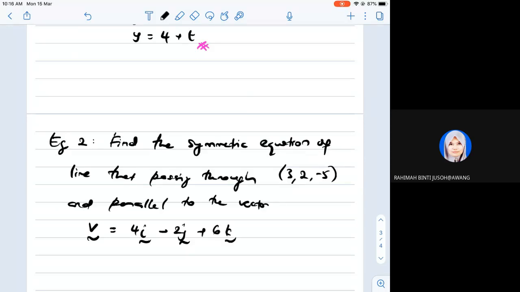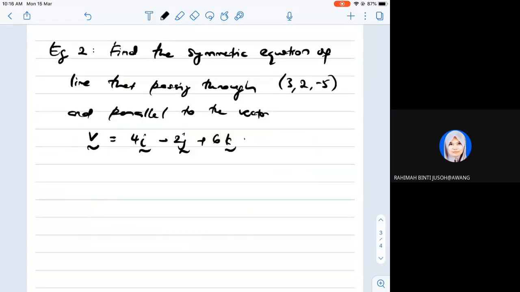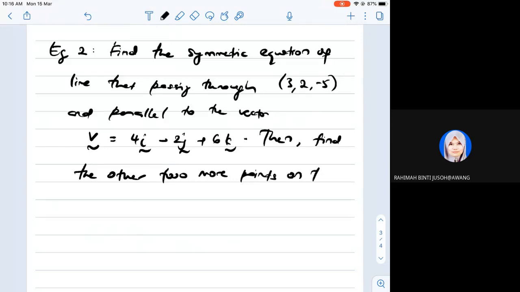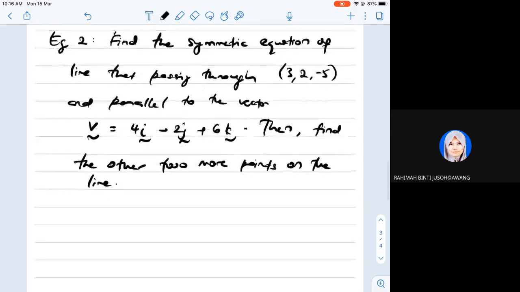Then continue the question: then find the other two more points on the line. Okay, that's it. Let's say this is the question.